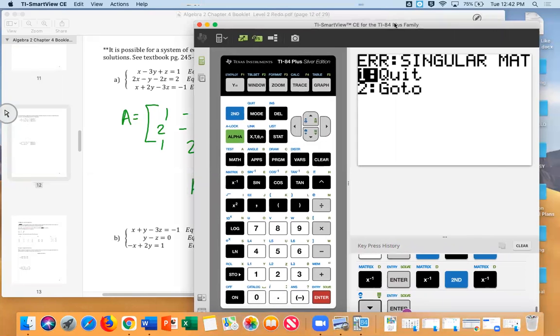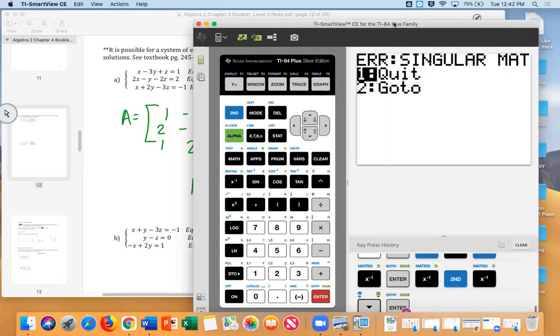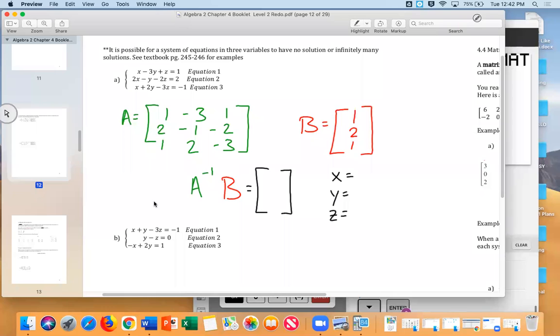Now, for this one, it says error, singular. That means something's going on here, right? So what does that mean? Well, do you think there's an answer? No. Okay.